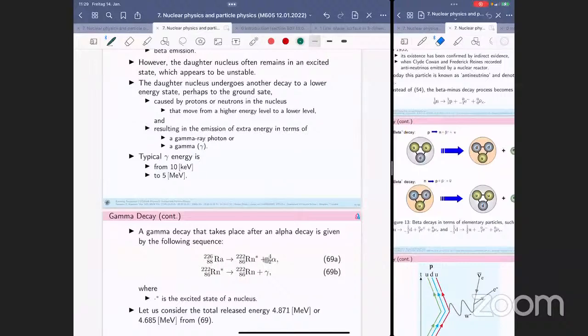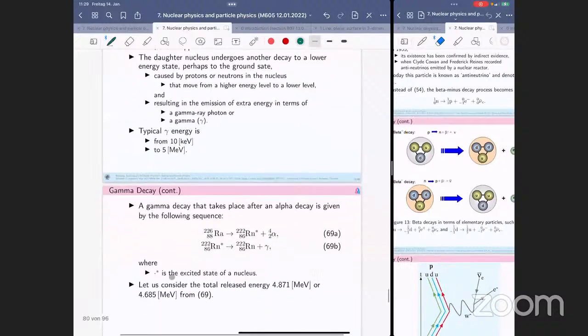It's the excited state of the radon nucleus, and the excited state of the radon nucleus is converted to the ground state, and this excited state will give us also the photon. Okay, so that's the whole thing we could get. We could not do anything else; it just emits the gamma from this unstable nucleus state, or the excited state.